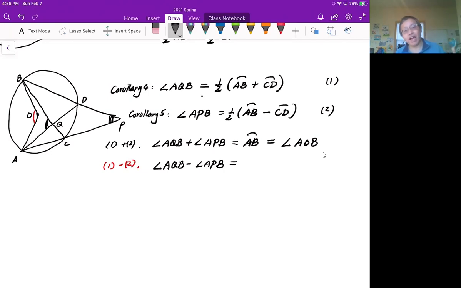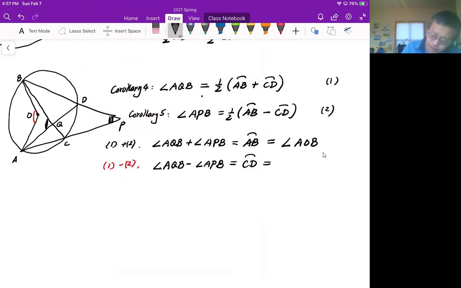The half of AB cancels with the other half of AB, right? And the half of CD minus negative half of CD, so that's positive, the measure of the arc CD. But what's the measure of the arc CD? By the same definition, I'm going to have another angle here.